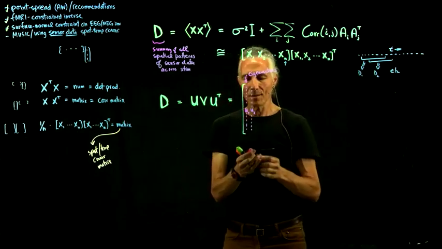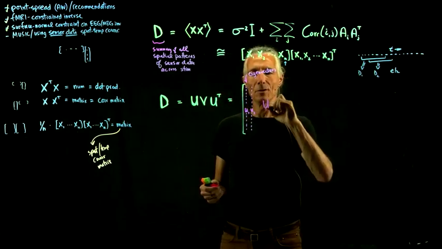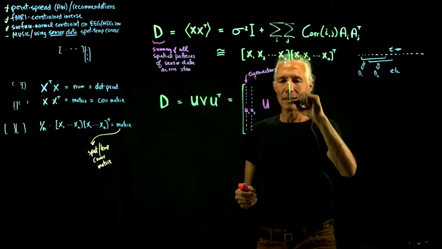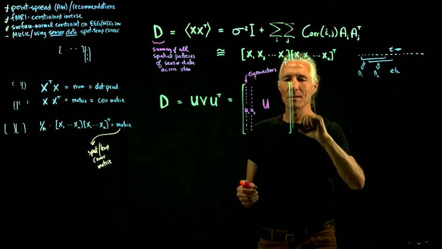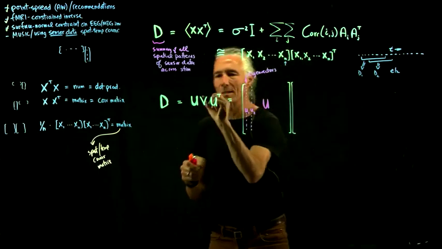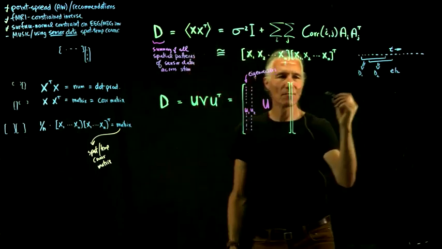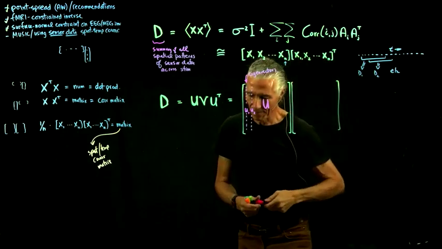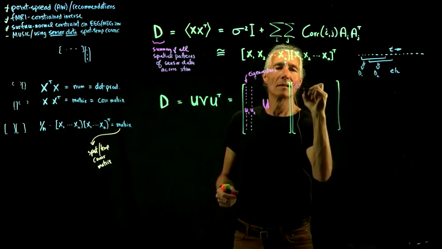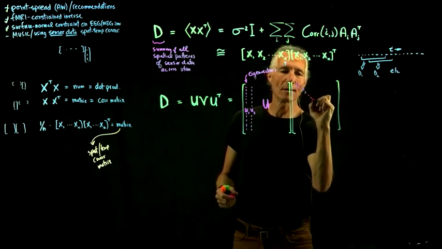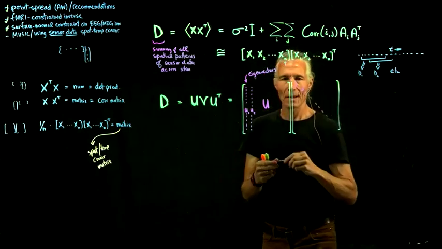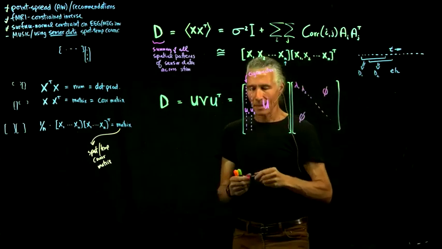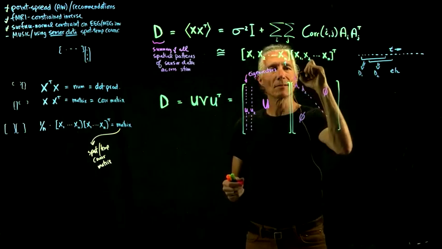That's our U matrix. It's a square matrix. And then it's multiplied by that capital lambda matrix here, which is our eigenvalues. The eigenvalues are how strong each of those patterns are. And then it's all 0 elsewhere, so it's a diagonal matrix with just the eigenvalues.